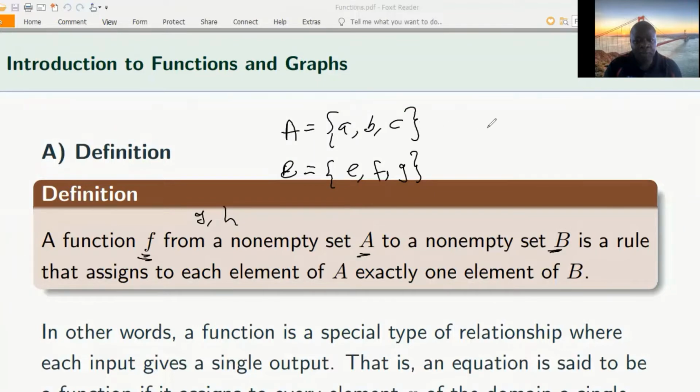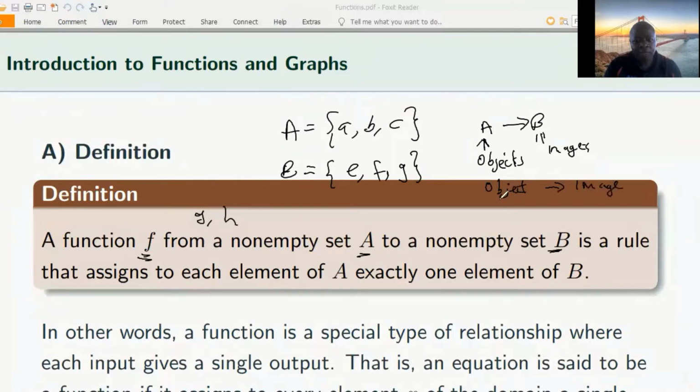Now, if we are assigning from A to B, then the elements in set A we shall refer to as objects. For instance, a, b, c here will be objects, and the elements in B we shall refer to as images. What that therefore means is that every object must have exactly one image.